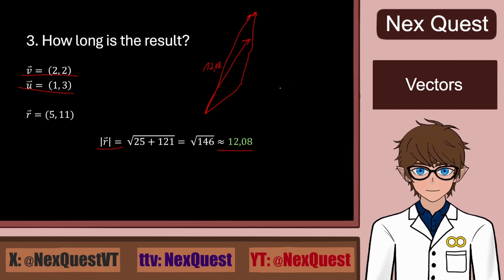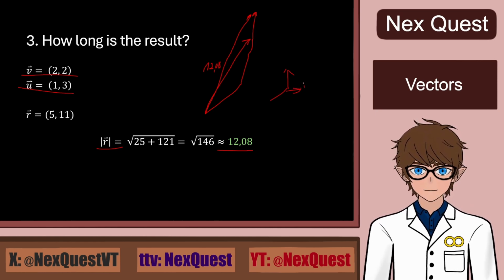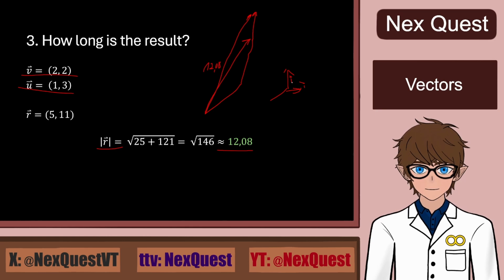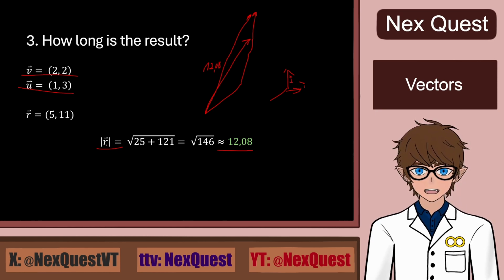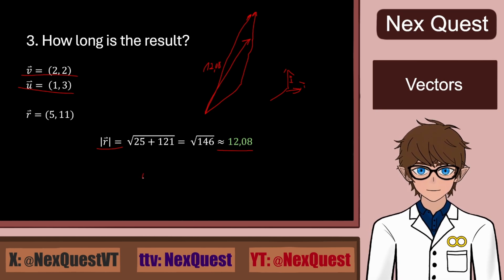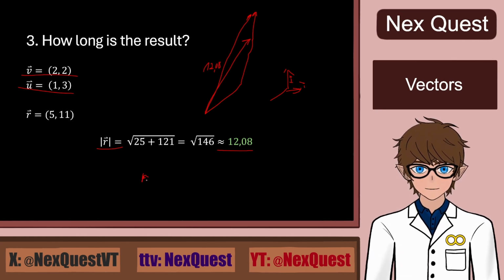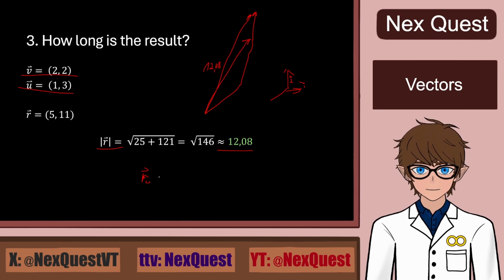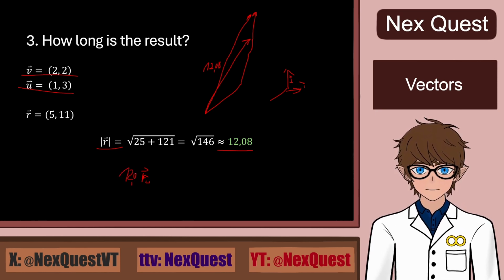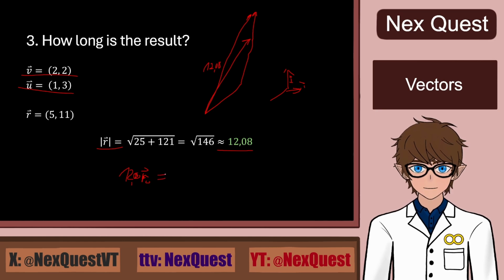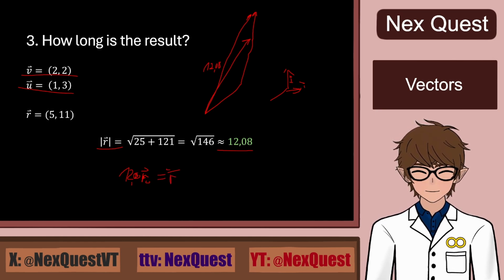Of course, there are unit vectors along the normal axes like i, j, etc. But you can also get a unit vector of the smaller ones. So the unit vector containing the direction of this R vector would be, I don't know, some kind of R-unit vector, and 12.08 of them comprise vector R, basically.